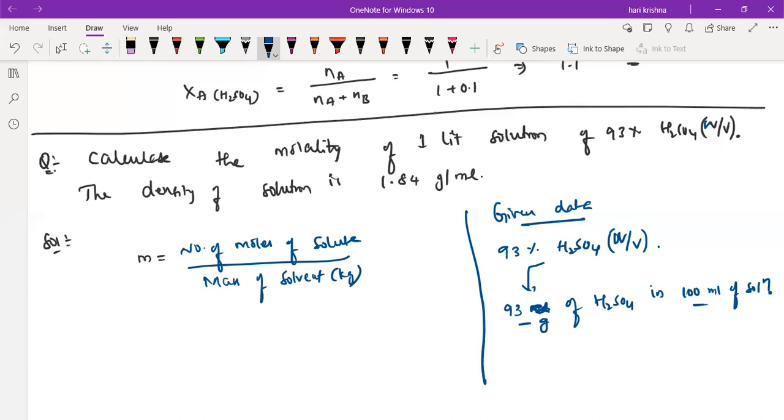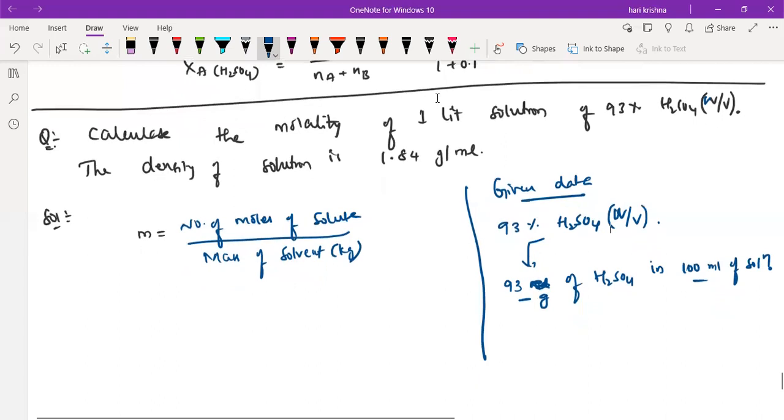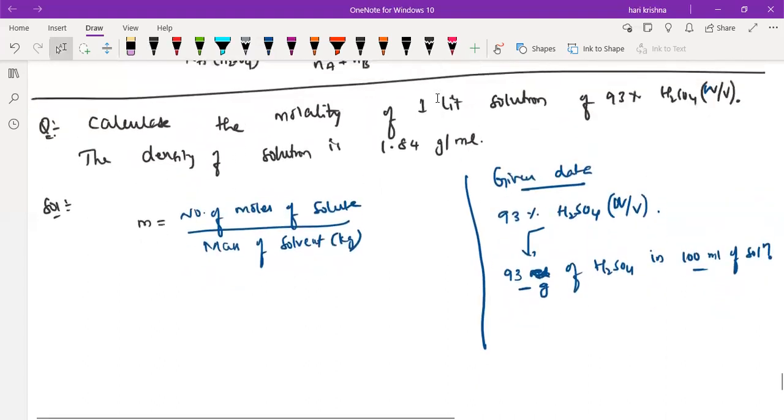So tell me what you have to do next. To calculate the molality of 1 liter solution of 93% H2SO4 weight by volume, the density of the solution is 1.84 gram per ml.